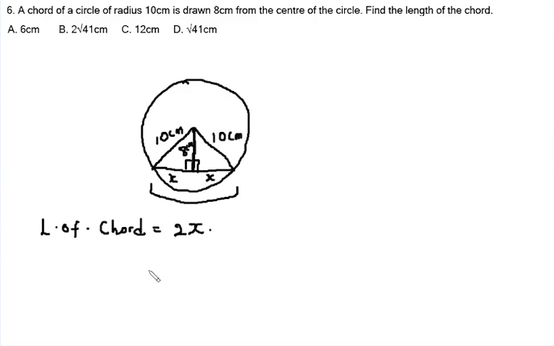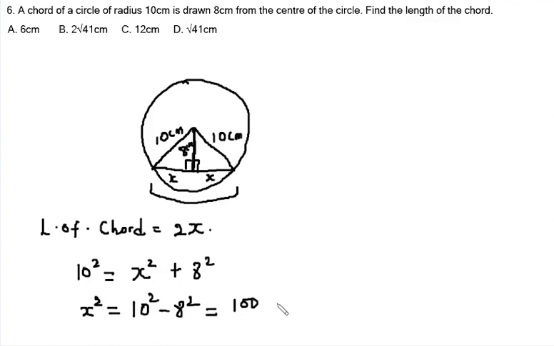So the Pythagoras theorem: this is our hypotenuse, so 10 squared is equal to the other two sides, x and 8. So x squared plus 8 squared. Moving 8 squared over to the other side, it becomes negative 8 squared. So x squared is 10 squared minus 8 squared. 10 squared is 100 minus 64, since 8 times 8 is 64.